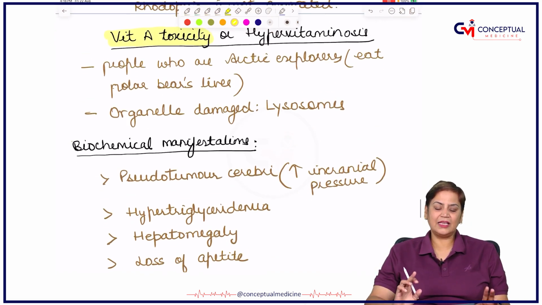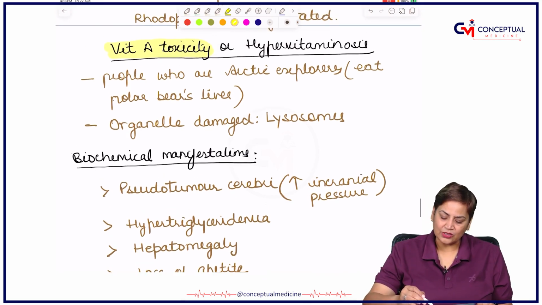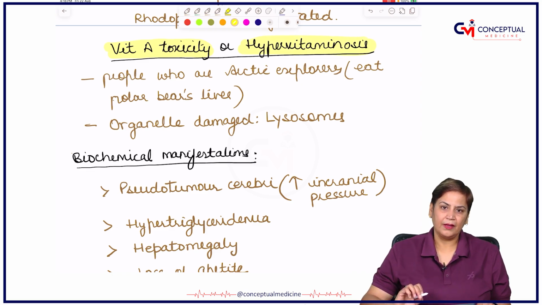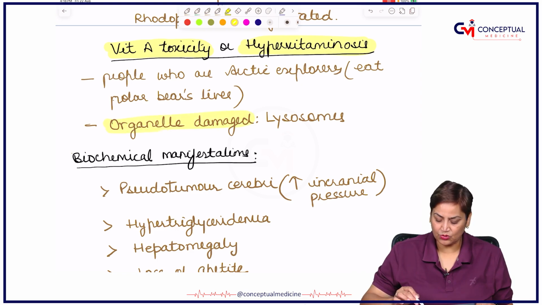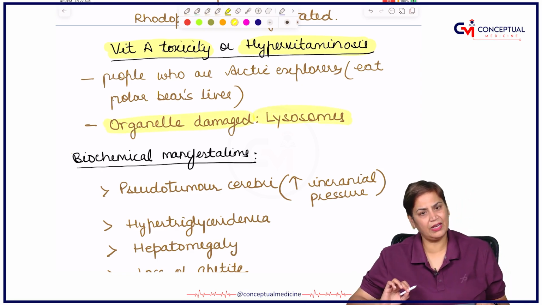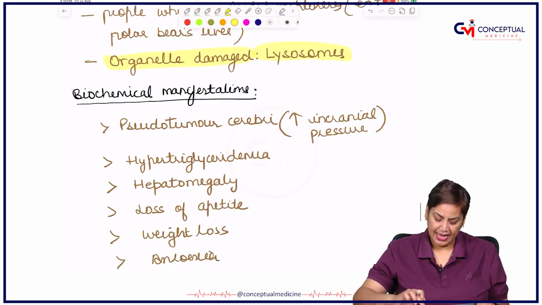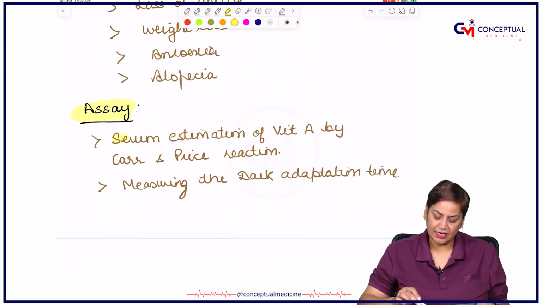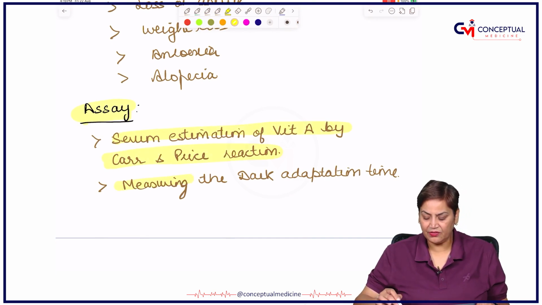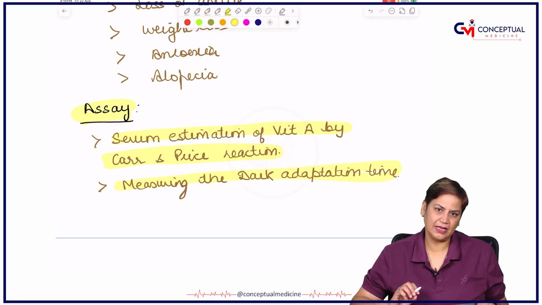So this is vitamin A toxicity, which we also refer to as hypervitaminosis. And the organelles which are damaged are the lysosomes. Very important again. And then how do we carry out the assay of vitamin A? Simple serum estimation by the Carr-Price reaction, and we can measure the dark adaptation time.